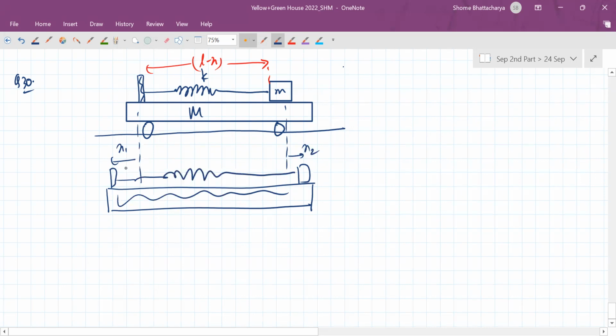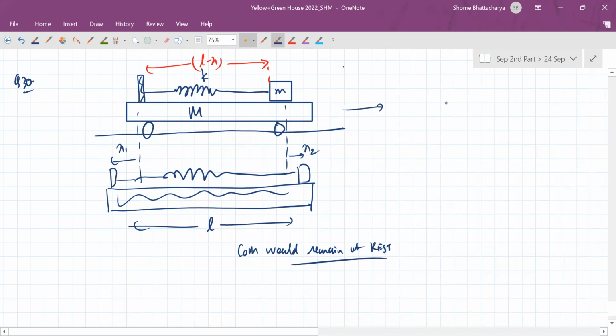The spring would have come back to natural length. But the center of mass would remain at rest. So this is the same as this kind of system.